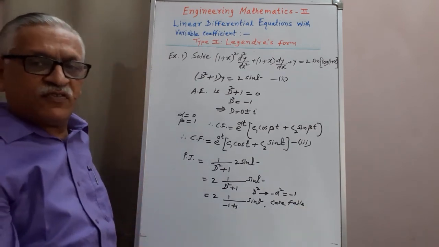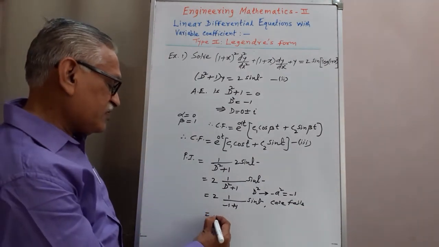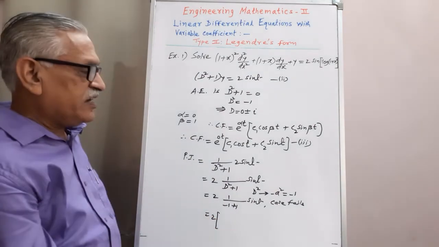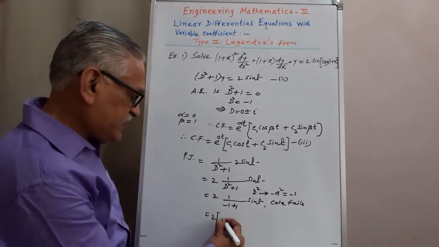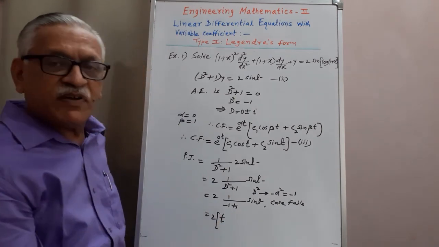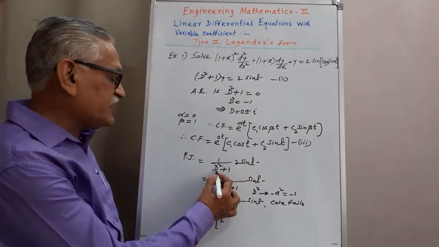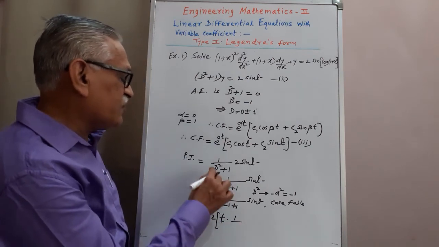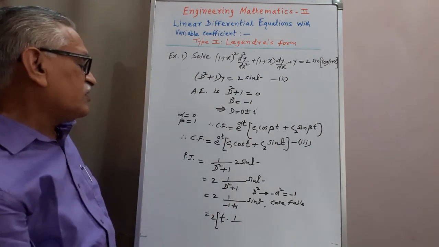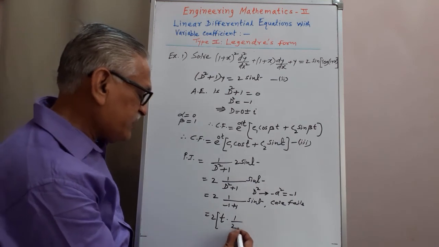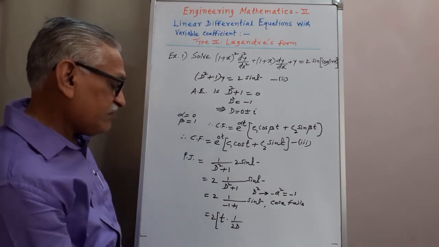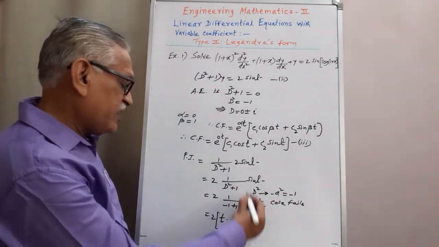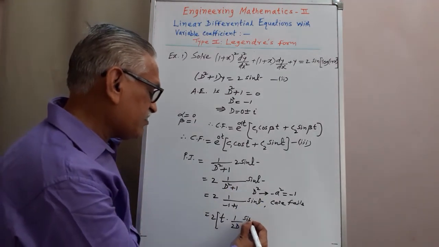As the case fails for the first time, the next step is to multiply by x. Here the independent variable is t, therefore multiply by t. Differentiating the denominator with respect to D, we get its derivative as 2D. The derivative of the constant term 1 is 0, and then operate it on sin t.